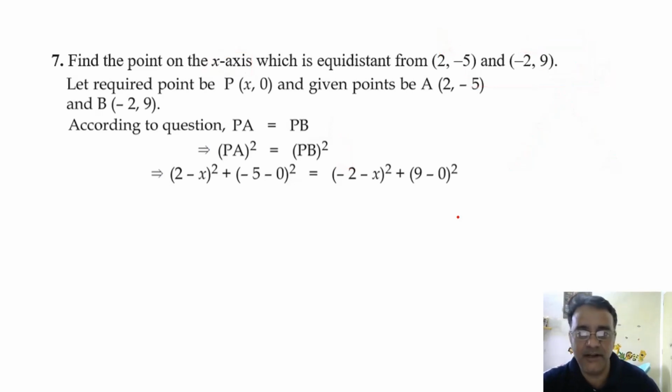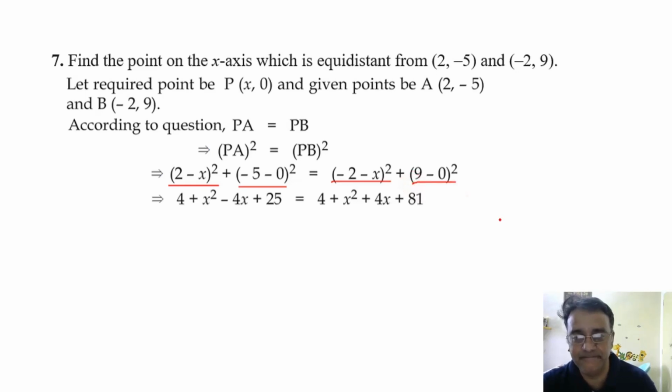Okay, you can write in reverse also. So now take square. So this will become 4 plus x square minus 4x and this will become 25. This will become 4 plus x square plus 4x and this will become 81.